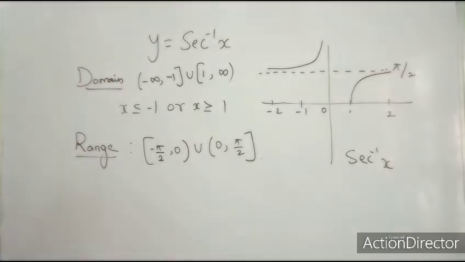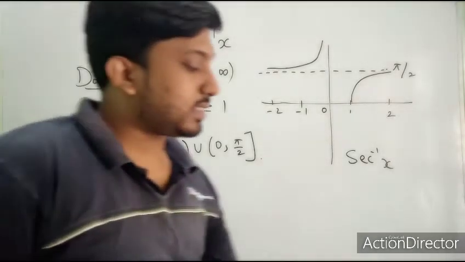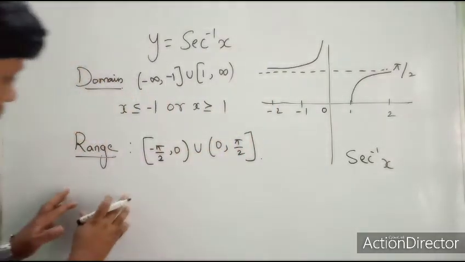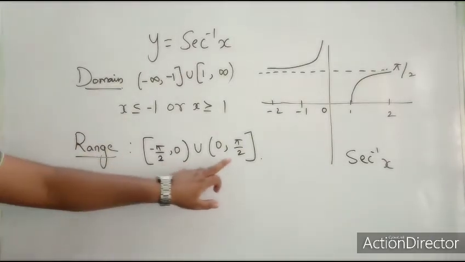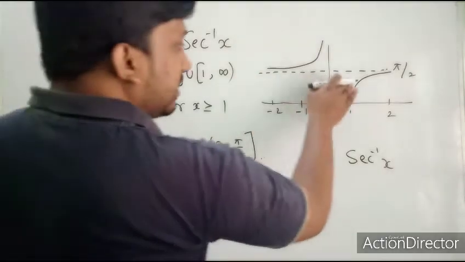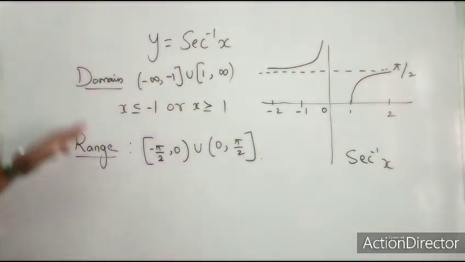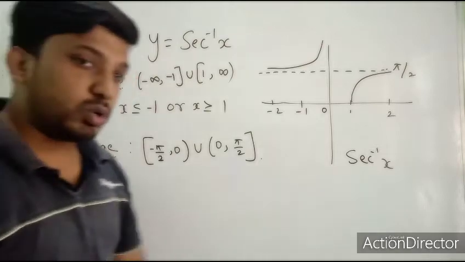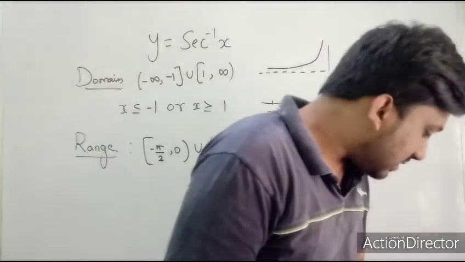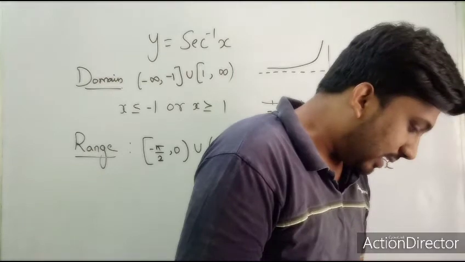You can write like this. So here we have range as minus pi by 2 comma 0 or 0 comma pi by 2. You can easily see this graph and we can write this. This is the domain and the range of the function y is equal to secant inverse of x. I hope you are understanding.